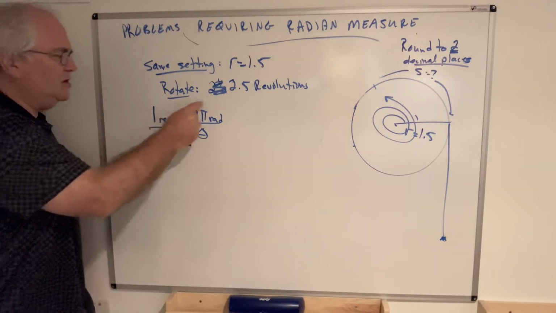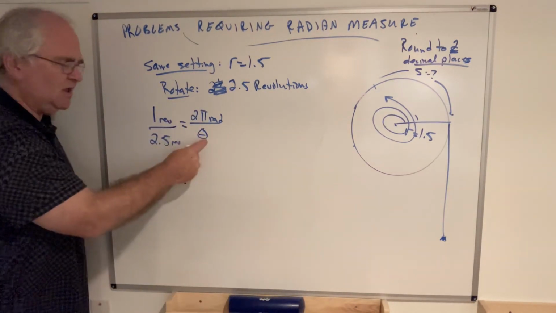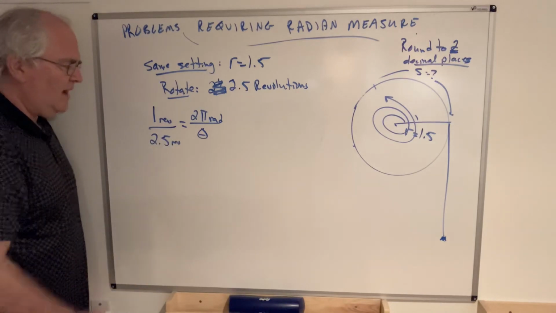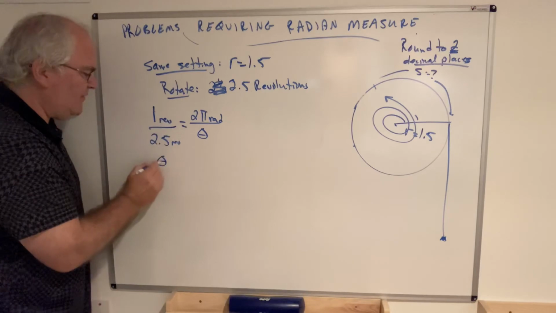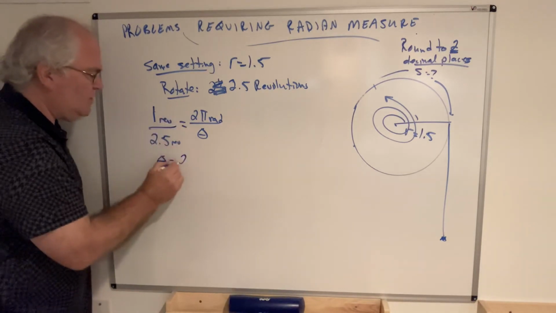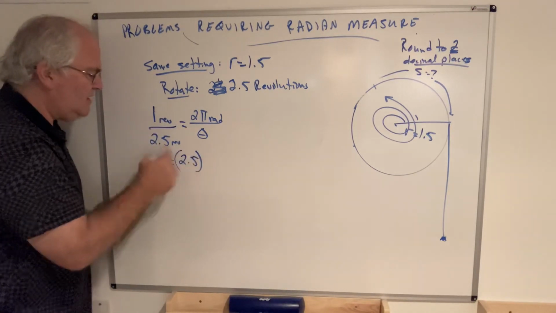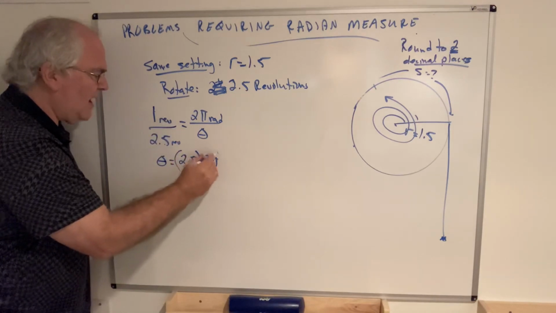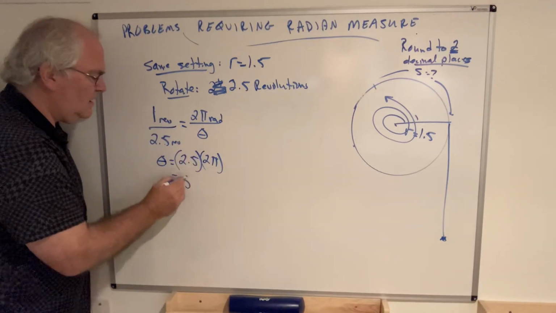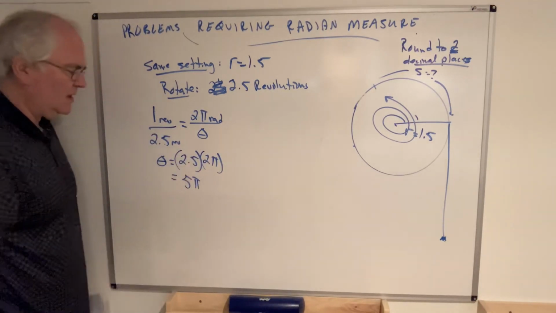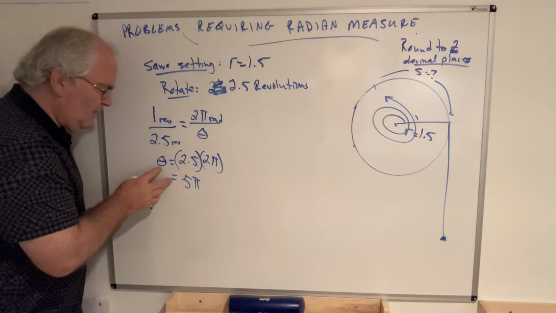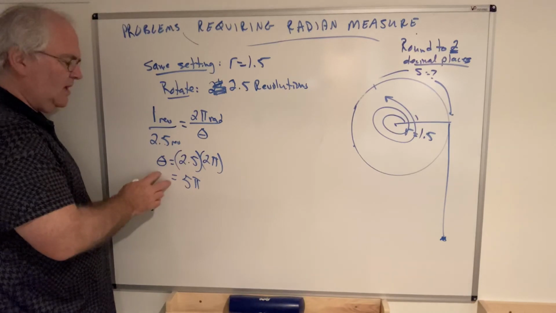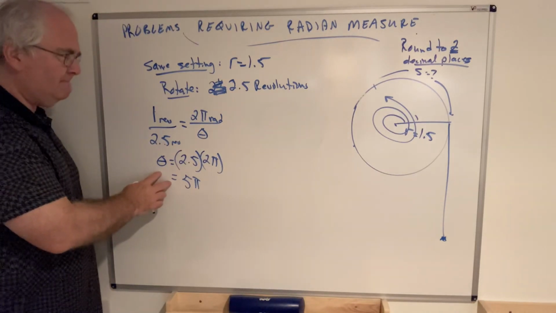And so now you cross multiply. 1 times theta is simply theta, and then we have 2.5 times 2 pi. And there's the same 5 pi we had a while ago. So by hook or by crook, the angle theta is given as 5 pi.